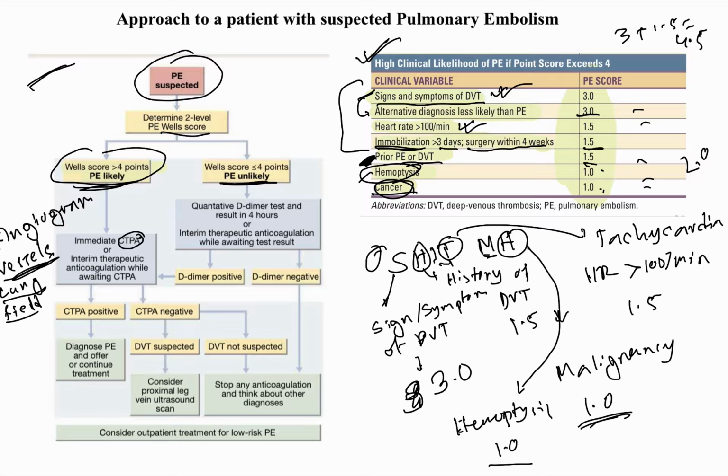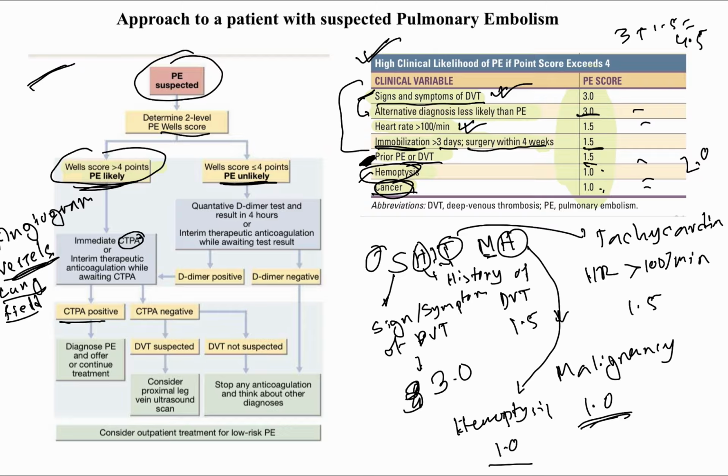So an immediate computed tomography pulmonary angiogram should be done, or what we can do is we can start interim therapeutic anticoagulation while awaiting the CTPA. If we do not have CTPA immediately available, then we have to start anticoagulation therapy and wait for the CTPA.